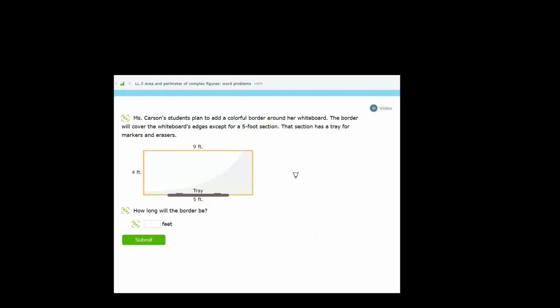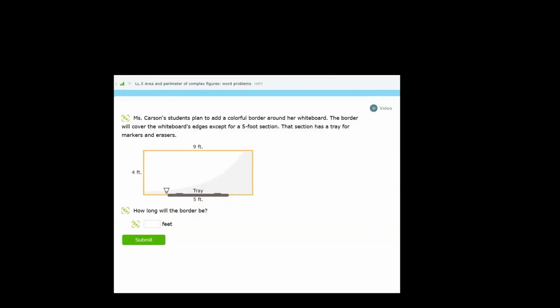Here's another problem. Here we have Miss Carson's students plan to add a colorful border around her whiteboard. The border will cover the whiteboard's edges except for a 5-foot section. That section has a tray for markers and erasers. How long will the border be?